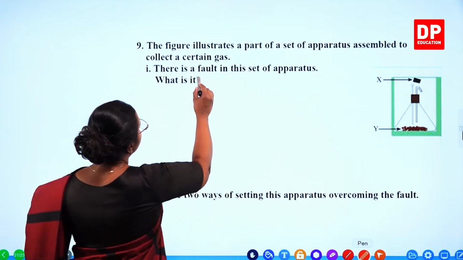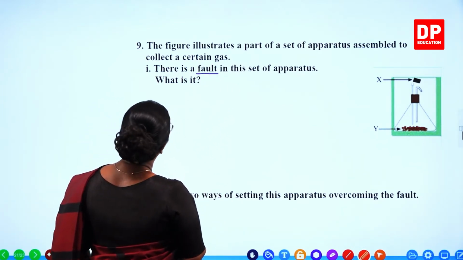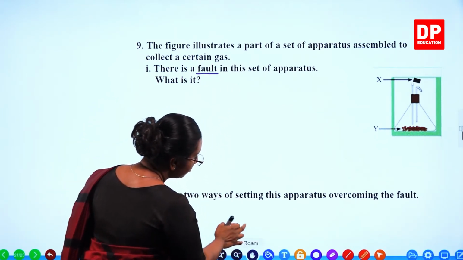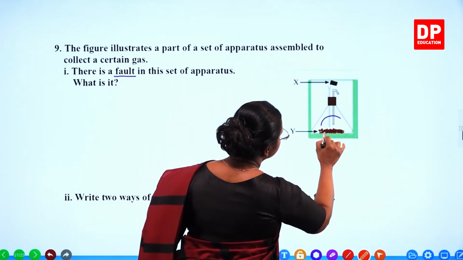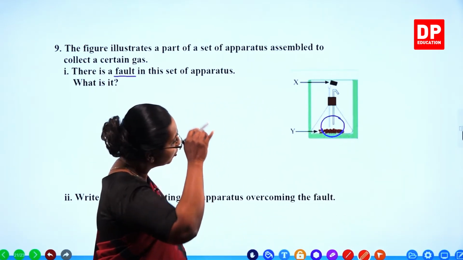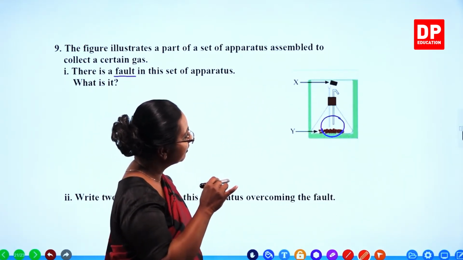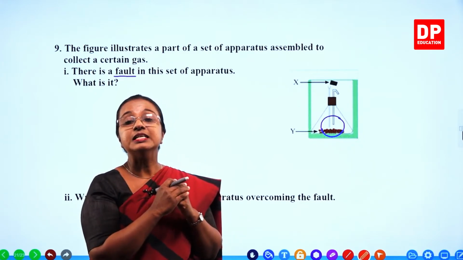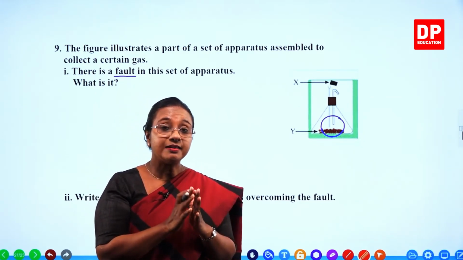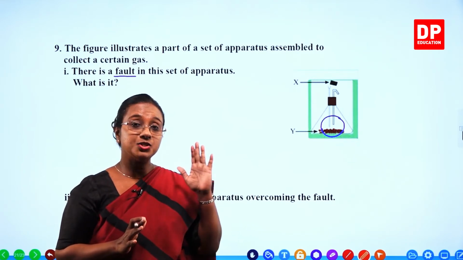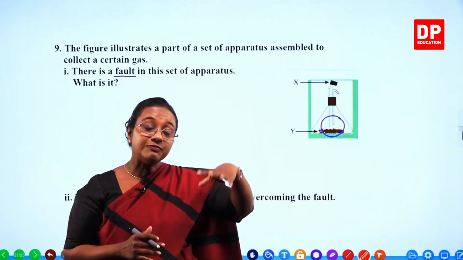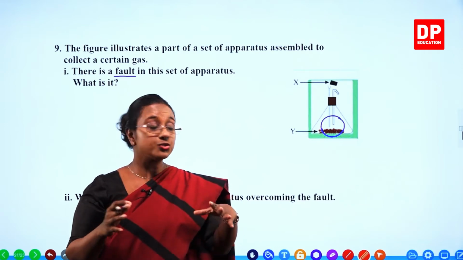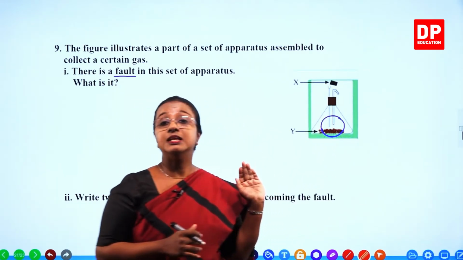There is a fault in this set of apparatus. What is it? So look at the apparatus carefully. What is the fault? Now look at this part. Both the thistle funnel and the delivery tube are almost at the same level. You all can remember when I explained the apparatus, I told you all the thistle funnel has to come right up to the solid components there, so that it falls onto the component, it does not spill or enter into the delivery tube.